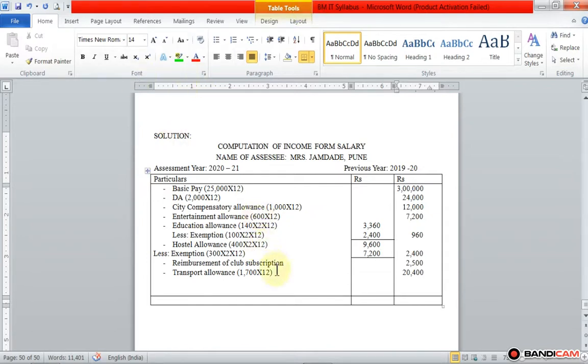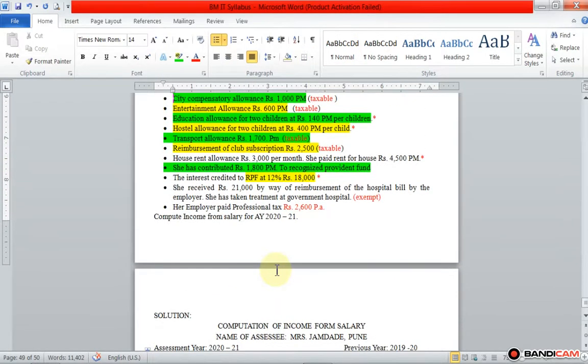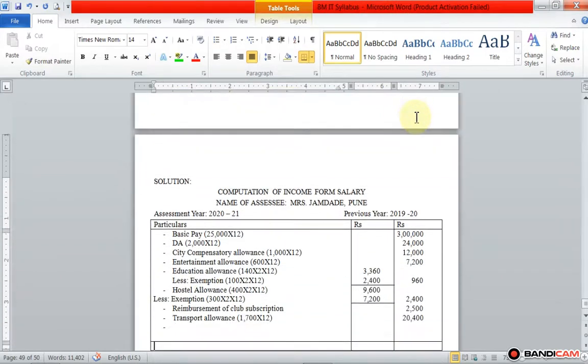Then next, that is HRA. So we have to compute the exempted HRA first of all. So house rent allowance is received, amounted to rupees 3,000 multiplied by 12, 3,000 per month.